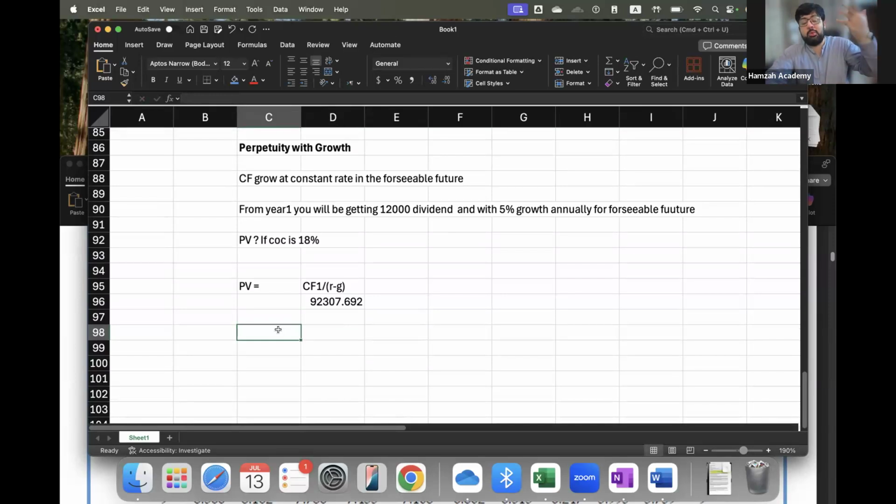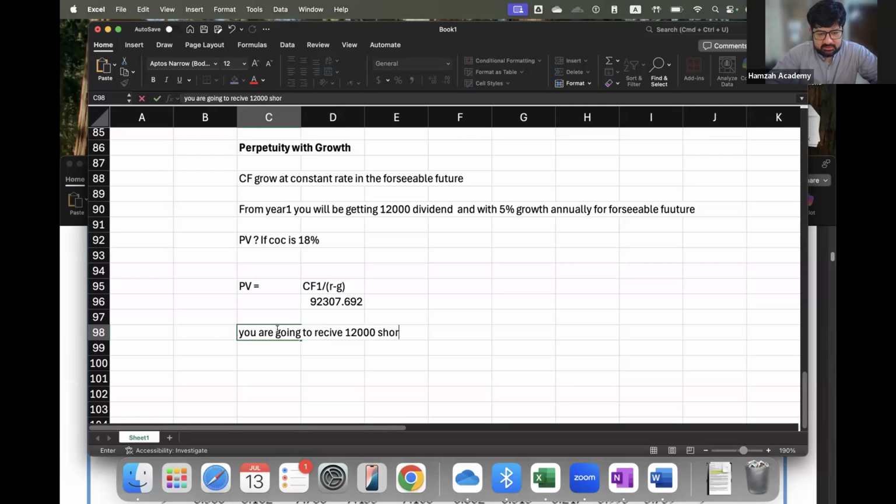I will be doing a bit of variation in the question. You are going to receive 12,000 shortly as dividend and 5% growth annually afterwards for foreseeable future.